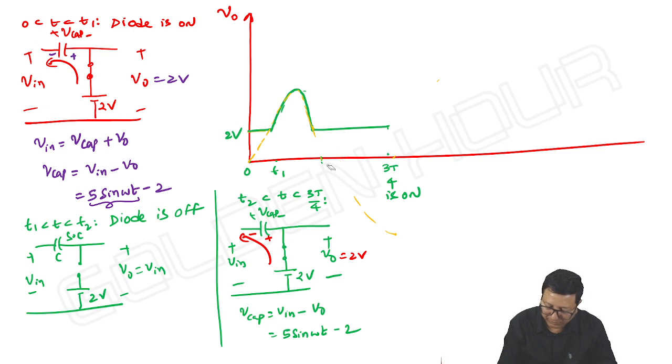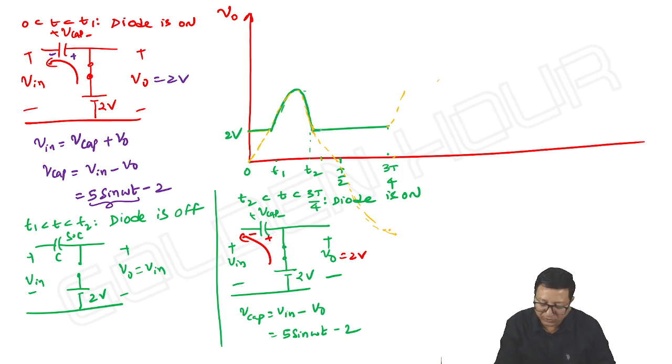If all are in the same place, then it might be easier. So here 0 to T1 the diode is on, and T2 to 3T by 4 the diode is on.